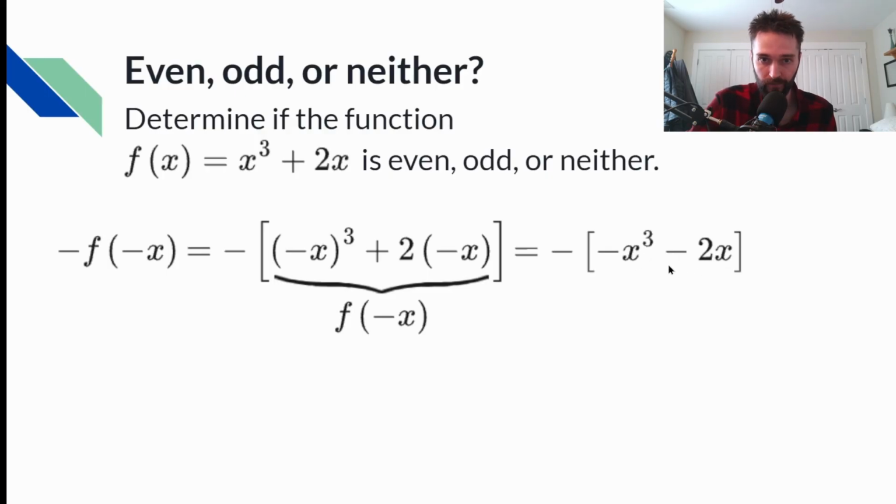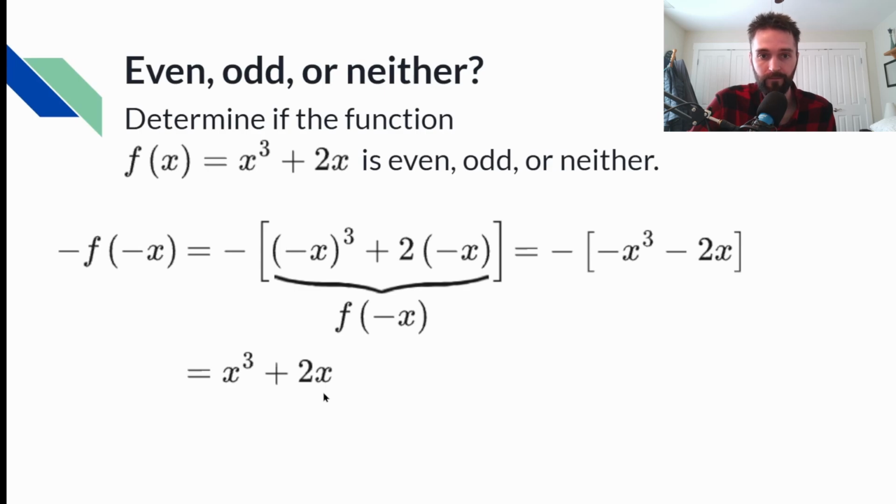Work smarter, not harder. That just saved us a lot of time. So all we need to do is distribute this minus sign to each piece in the brackets here. Distribute a -1. What does that give us? It gives us x cubed plus 2x.